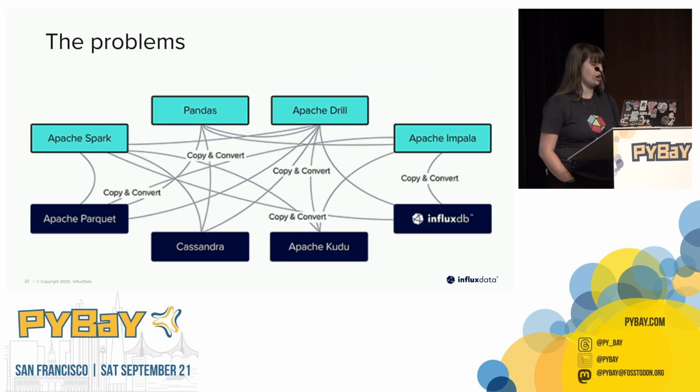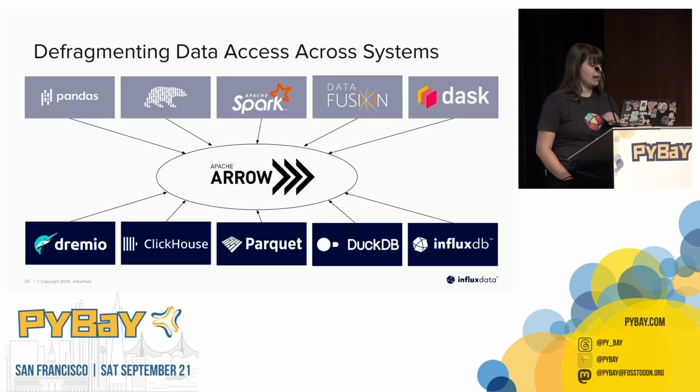Before, you would have to do a lot of copying and converting if you wanted to go between Apache Spark to Cassandra or Apache Arrow to Apache Drill. It was very inefficient, a lot of deserialization, as it would be called. No longer. You don't have to do that anymore. You can go ahead and just access.